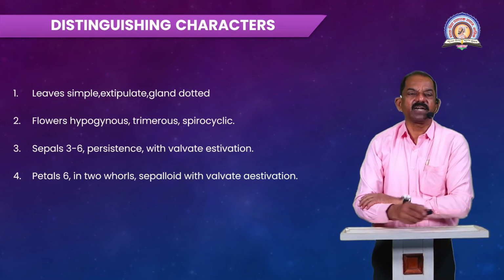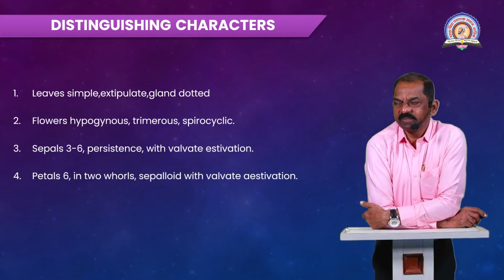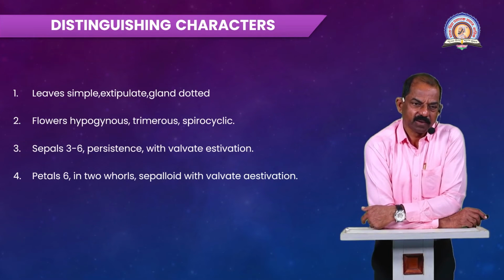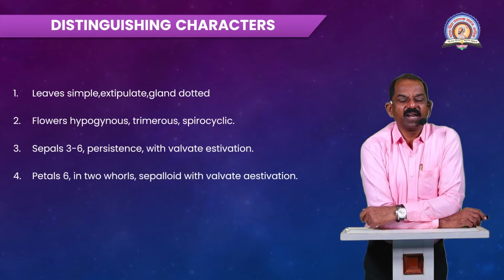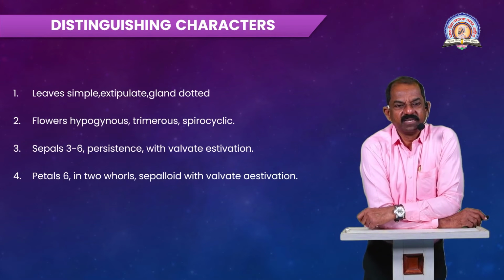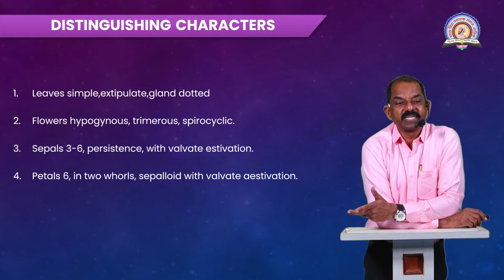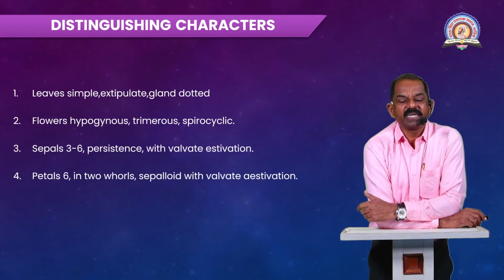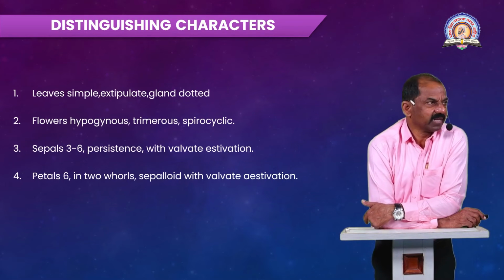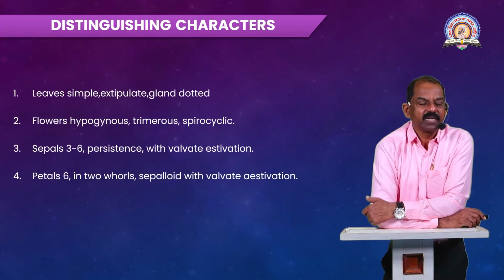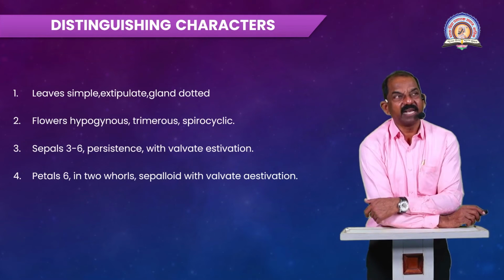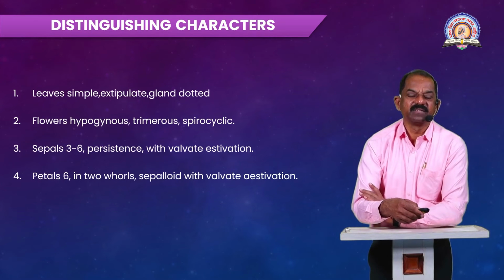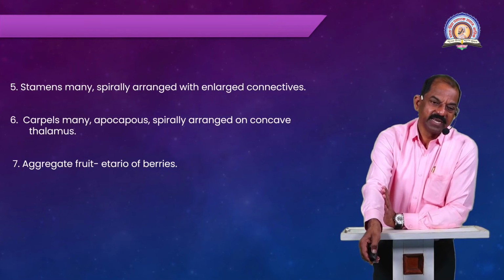Then here we will consider the distinguishing characteristics of this family. Leaves are simple, exstipulate, gland dotted. Flower hypogynous, trimerous, spirocyclic. The sepals are 3 to 6 in number, persistent with valvate aestivation. The petals are 6, present in 2 whorls, look like sepals, known as sepaloid, and the aestivation is valvate.